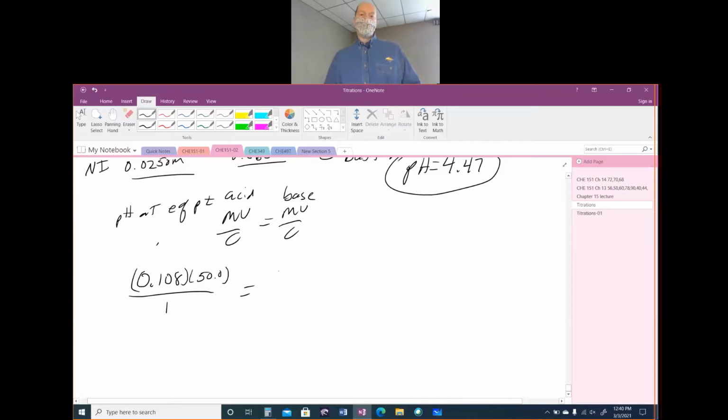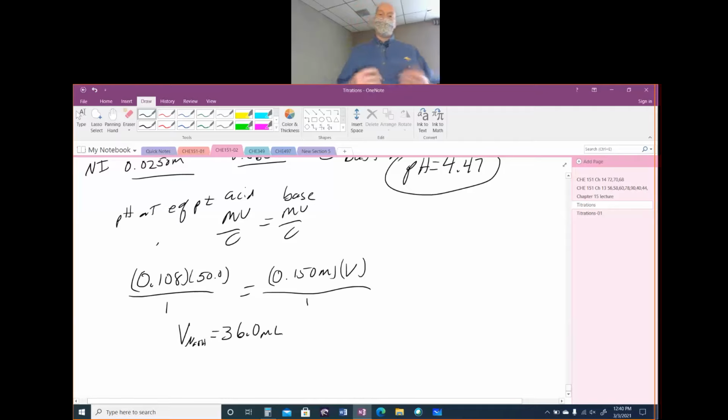Your base, we use 0.150 molar. The volume, that's what we're looking for. What volume did it require in order to get to the equivalence point? So 0.108 times 50 divided by 0.15, and you get 36 milliliters. And so the volume of your NaOH is 36.0 mLs at your equivalence point.